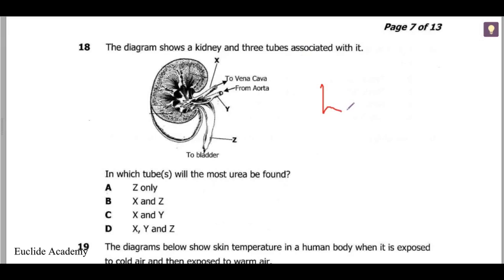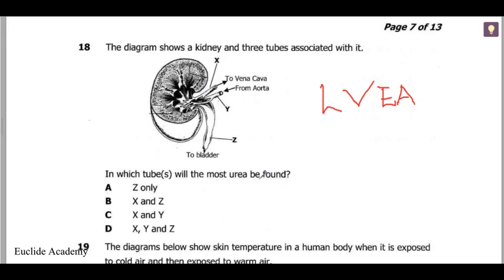The leaving of blood from the kidney is from the renal vein, and the entering of blood into the kidney is from the renal artery. So leaving renal vein, entering renal artery, like LVEA, that you don't forget when it comes to the kidney.